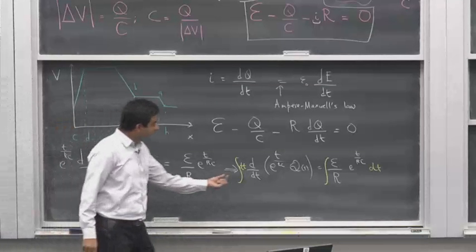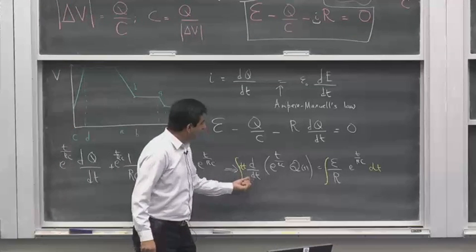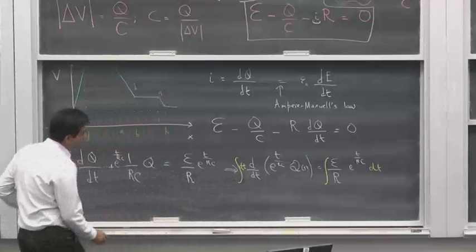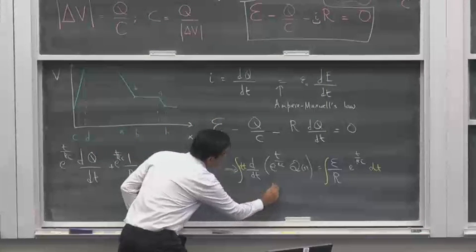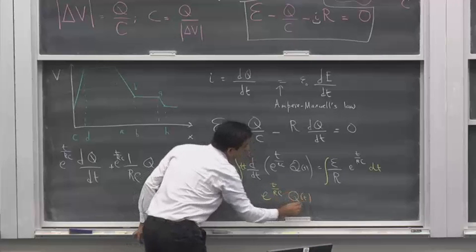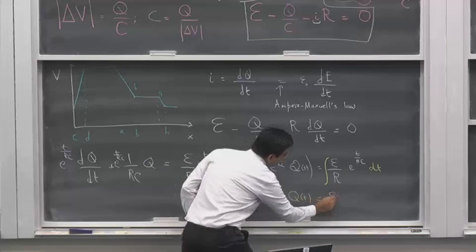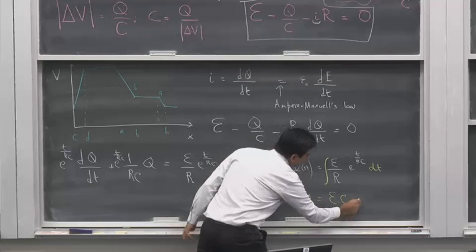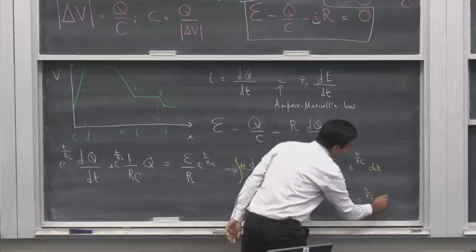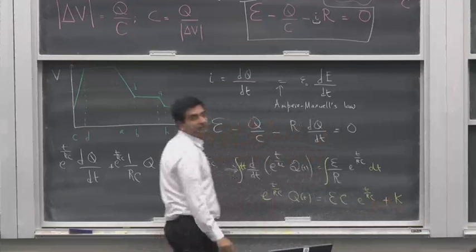Now this is the integral of a perfect derivative. So it just yields this term, e^(t/RC) times q, equals EC e^(t/RC) plus some constant of integration K.